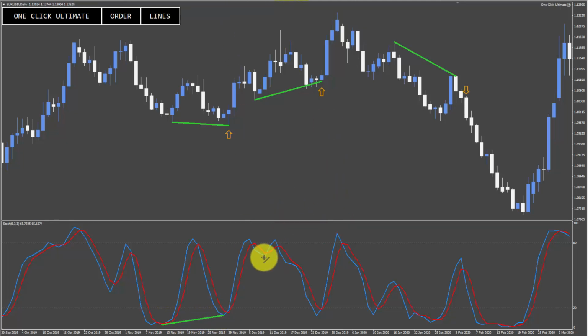Again, over here, you're always looking at the lows to buy. And if you want to sell, or if you're looking at generating sell signals, you need to be looking at the highs. And you can see here, higher high, lower high. And you can see over here, lower high, and over here, higher high.